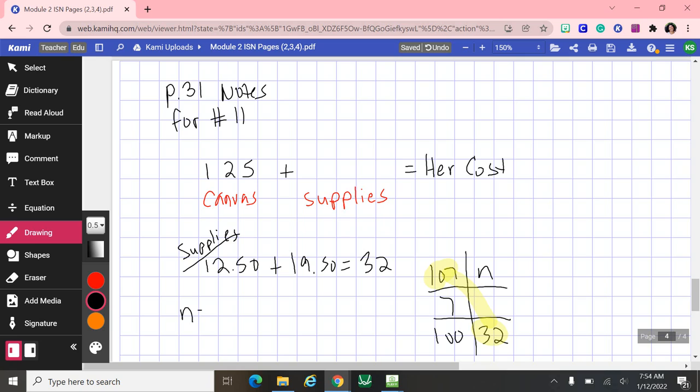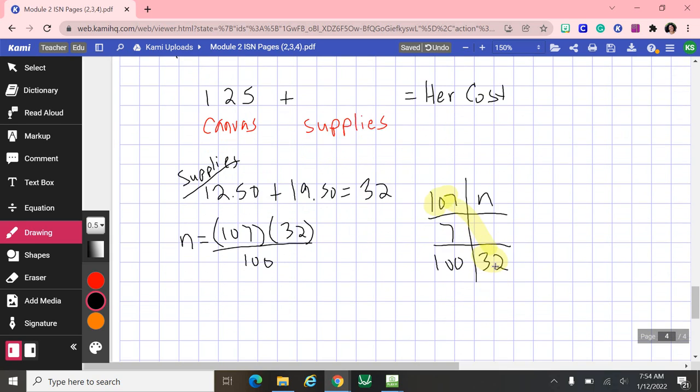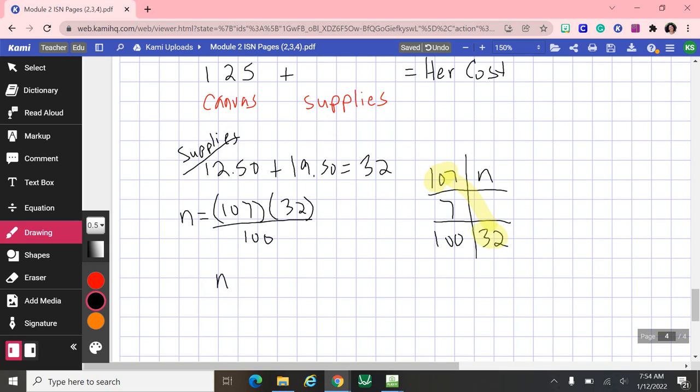So N is equal to 107 times 32 divided by 100. And the value that I got here on how much her total bill was for the supplies is $34.24.